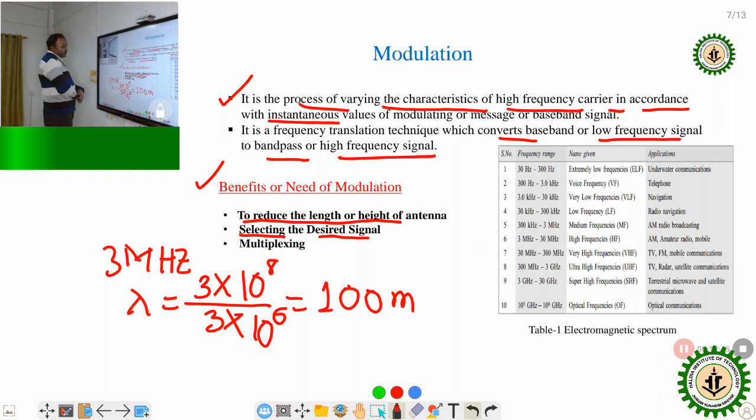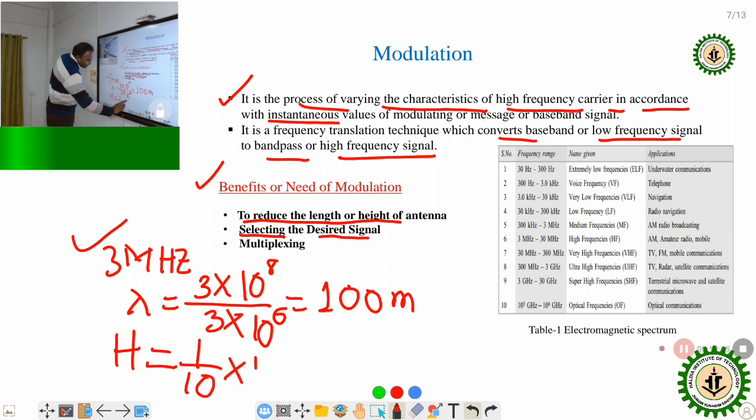So when you use the 3 megahertz carrier frequency, your wavelength becomes 100 meters. And the antenna height should be 1/10 multiplied by the wavelength, which is 10 meters.